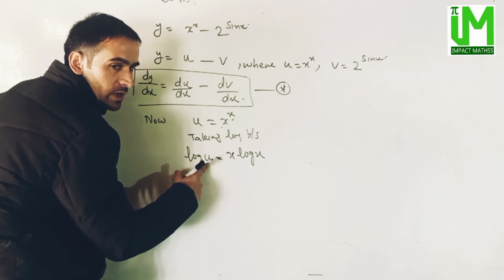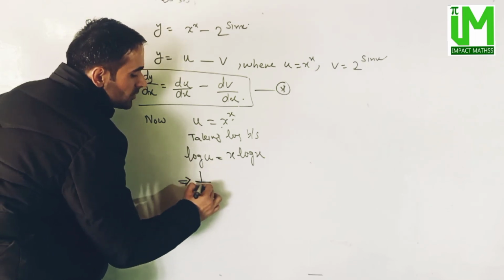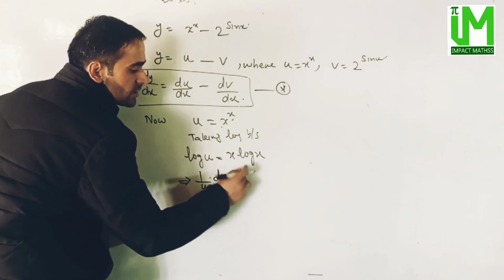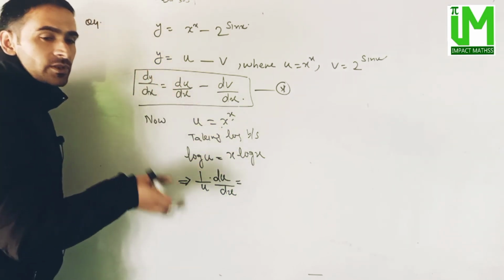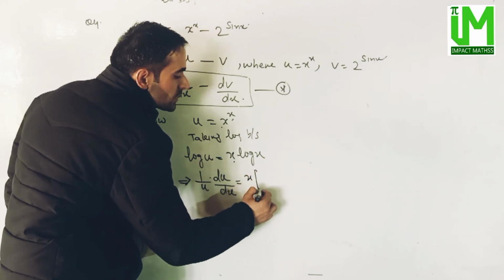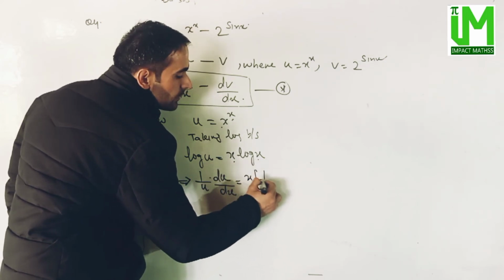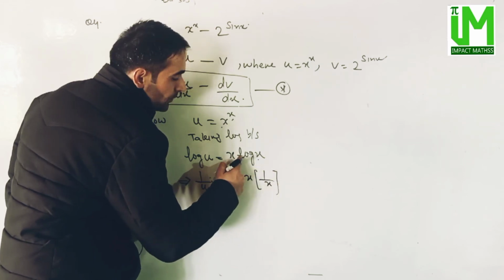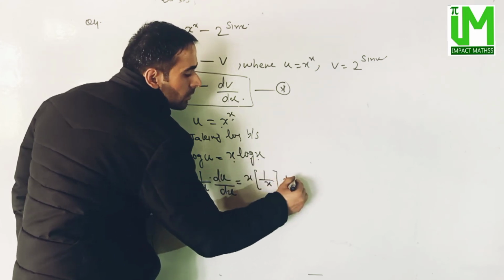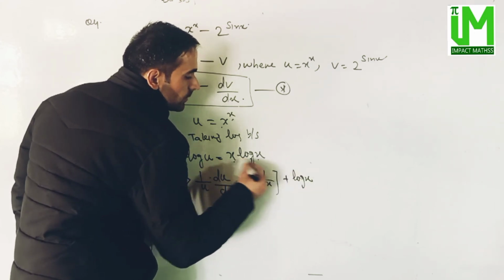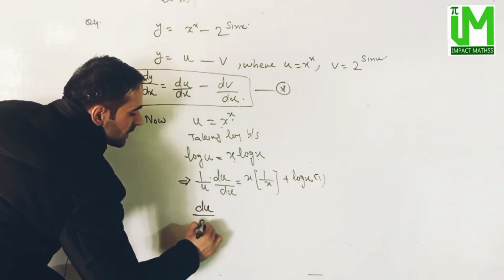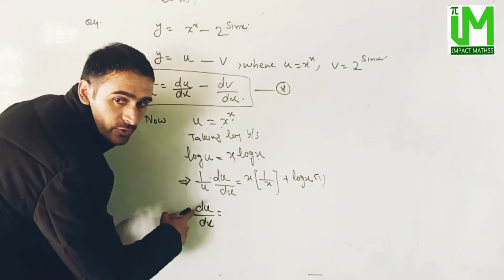Differentiating u with respect to x, we will have 1 by u into du by dx is equal to x log x's differentiation. Take the first function as x, so it will be x into differentiation of log x, which is 1 by x, plus the second function log x into differentiation of x, which is 1. So du by dx is equal to u times this.